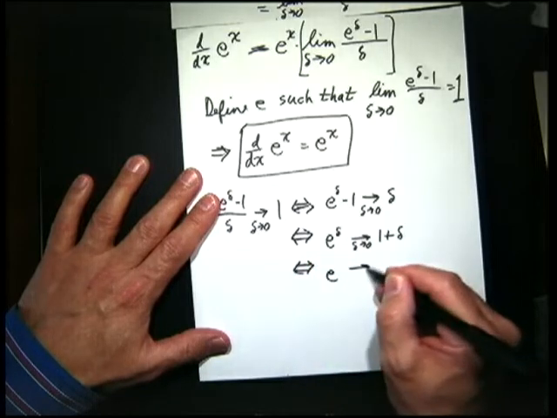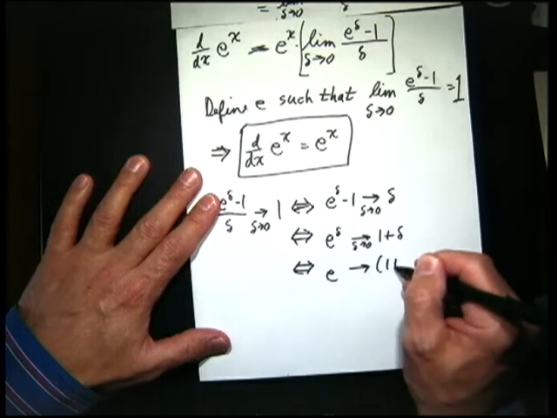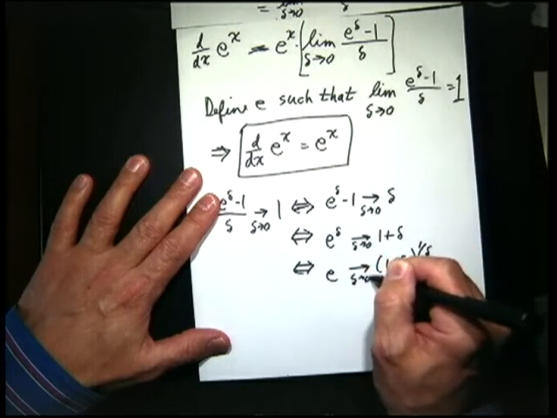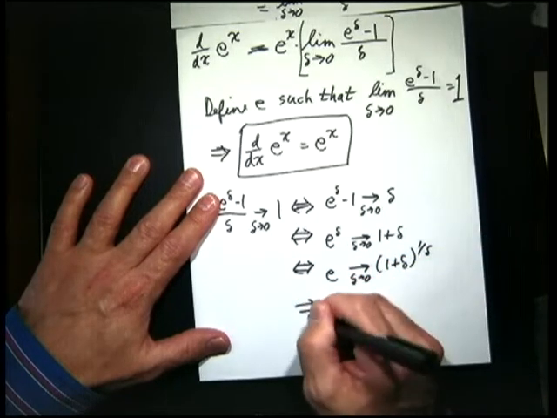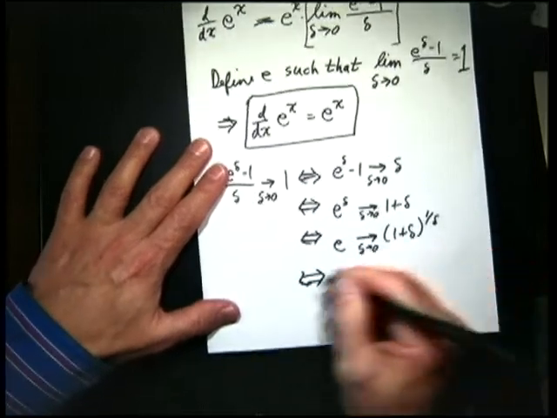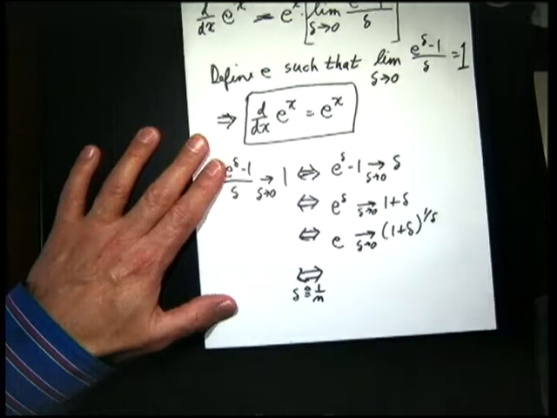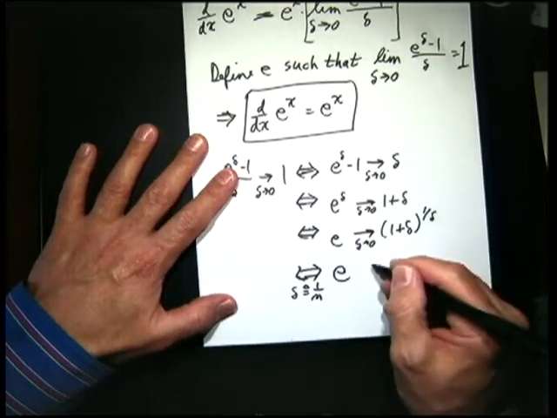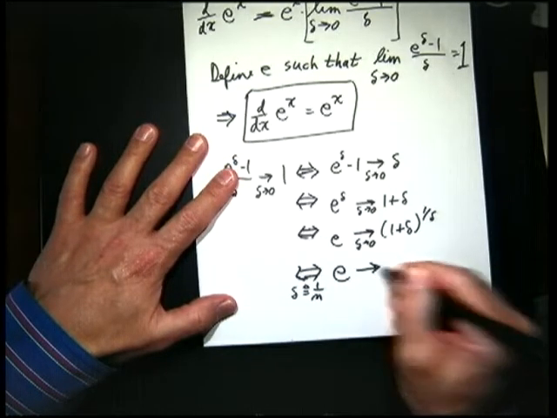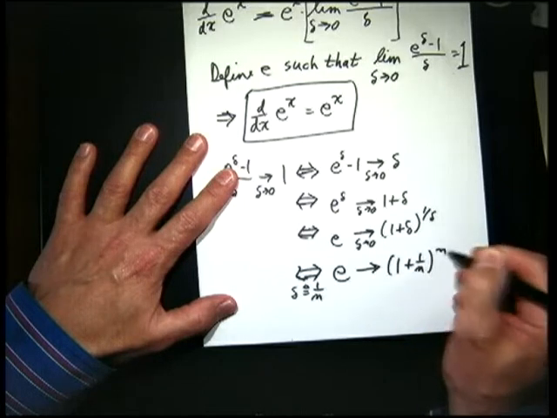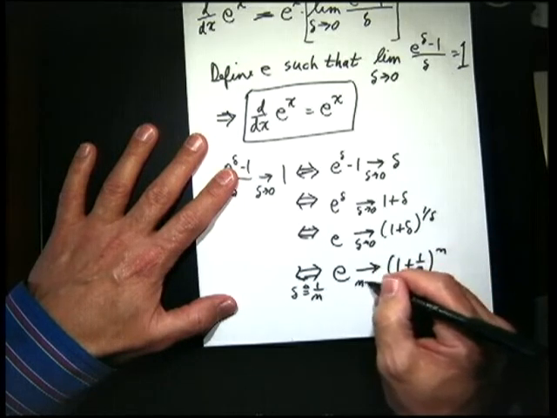e goes to (1 + δ)^(1/δ) as δ goes to 0. Setting δ defined as 1/n, to get back to our previous definition, e approaches (1 + 1/n)^n as n goes to infinity.